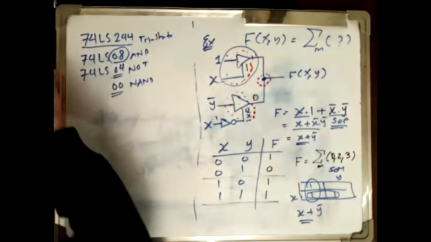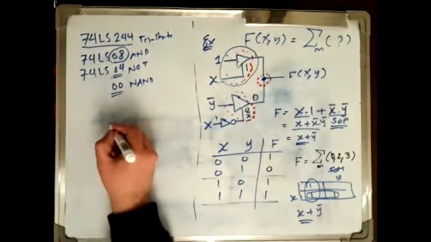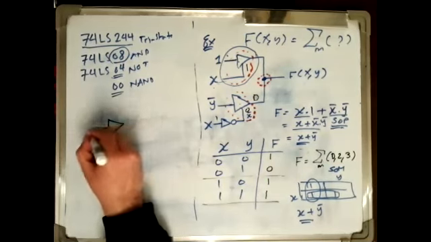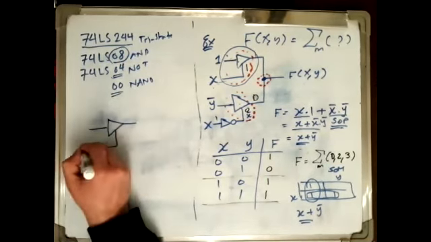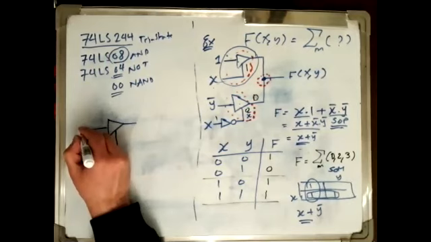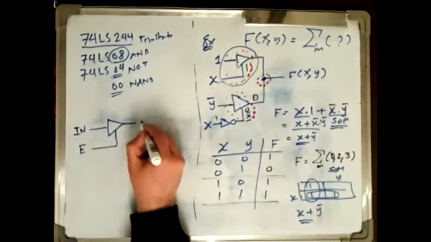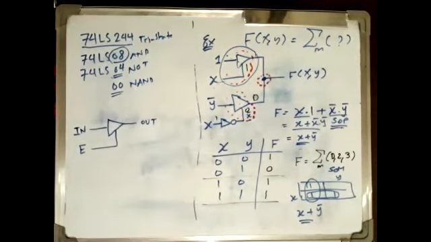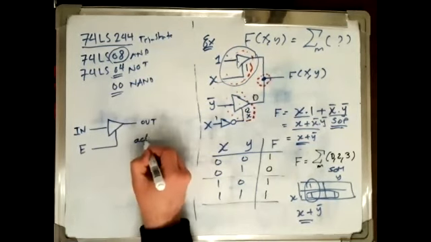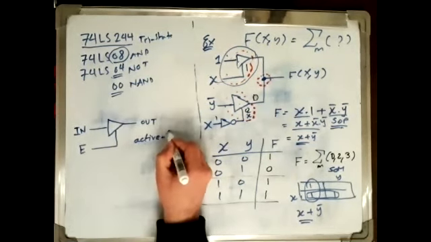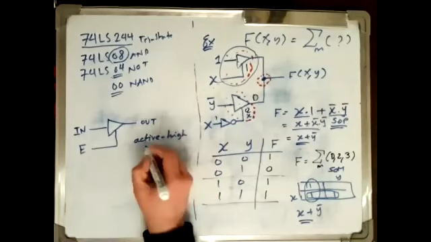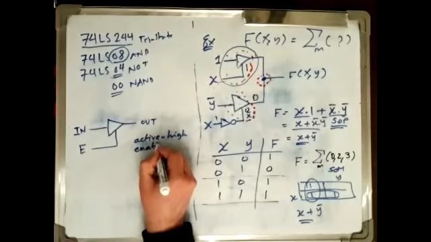One more thing regarding the tri-state buffer. We said that the logic diagram for it is something like this, where we have the enable, the input, and the output. Now, this is called an active high enable tri-state buffer.